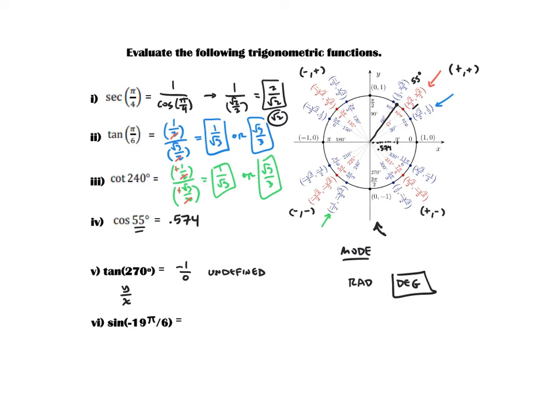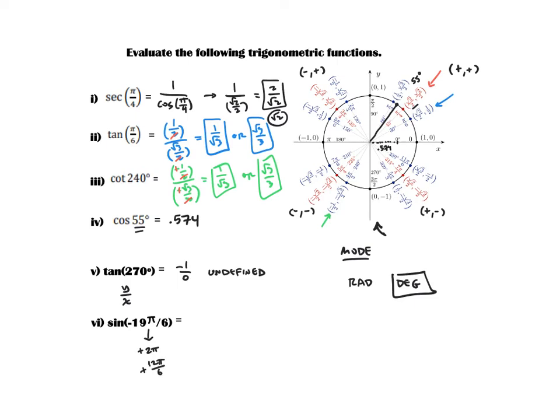Okay, let's go to number 6, negative 19 pi over 6. Now, I don't see it on my unit circle here, but whenever I see a pi over 6, I know that I'll have a coterminal angle to that. So I'm going to add 2 pi to this until I get an angle within 0 and 360. 2 pi is actually 12 pi over 6.